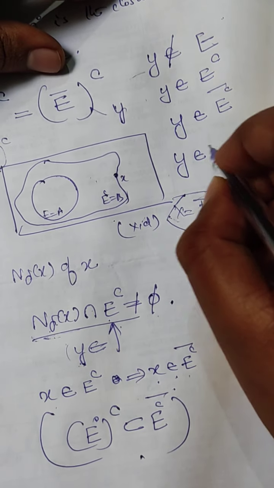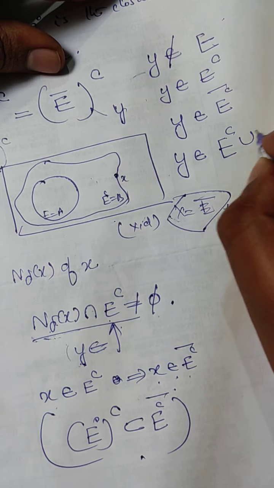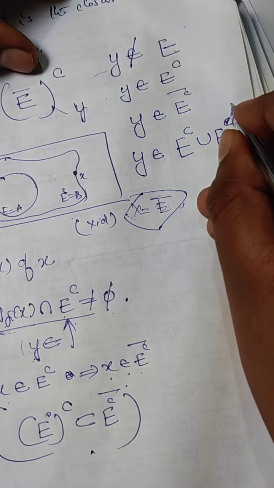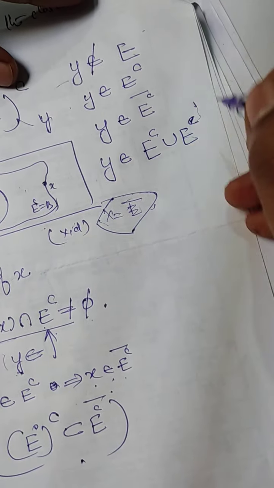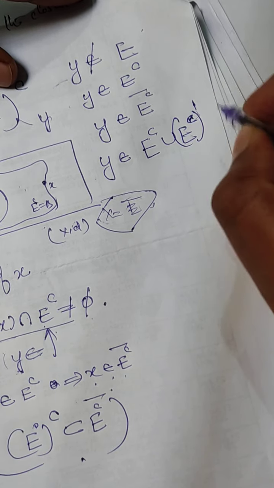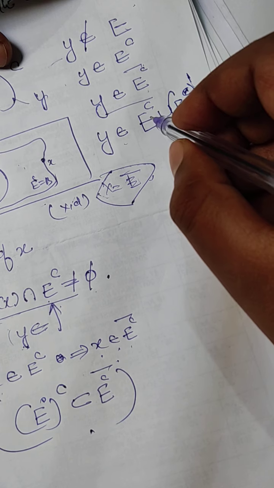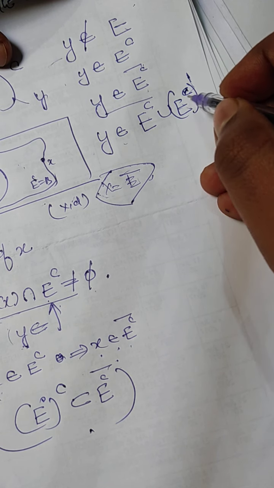Since from that we can write Y belongs to E complement union E complement dash. I can write it like this. E complement dash means if Y belongs to the closure of E complement, you get E complement union E complement closure.